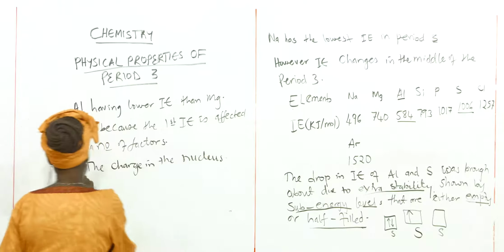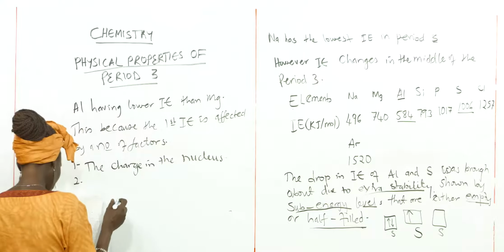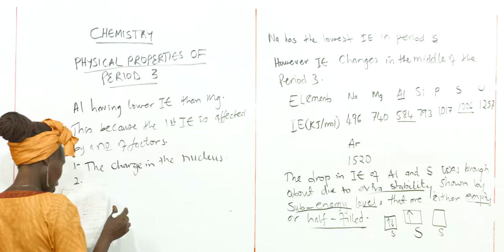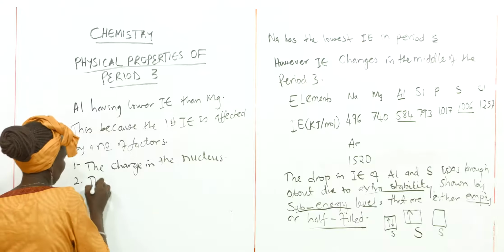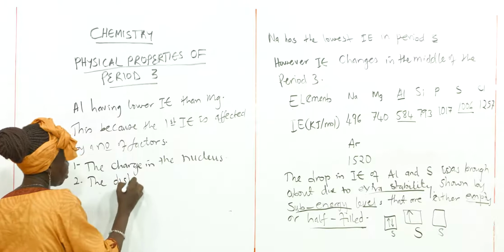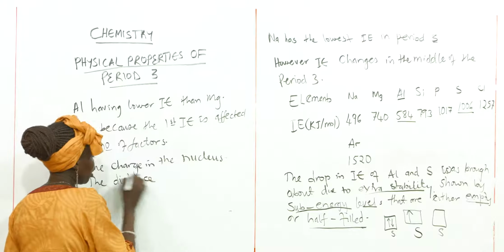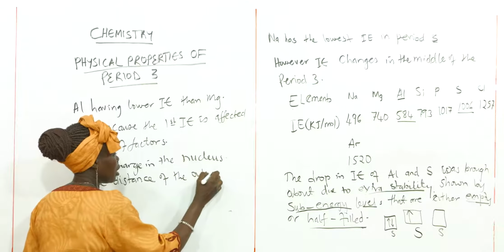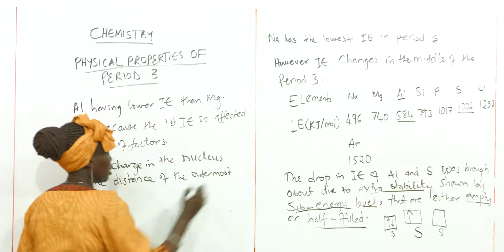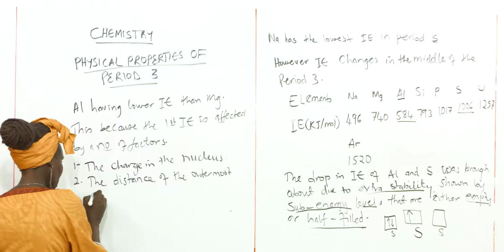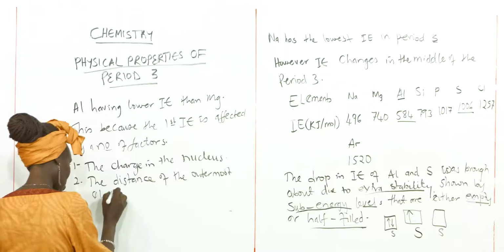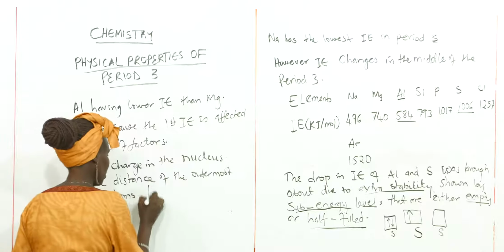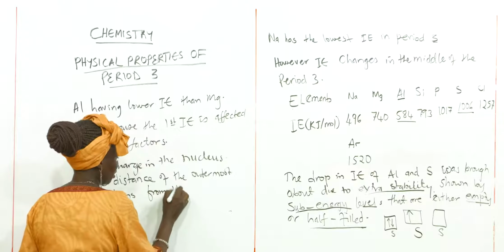Also, number 2, we have the distance of the outermost electrons from the nucleus.